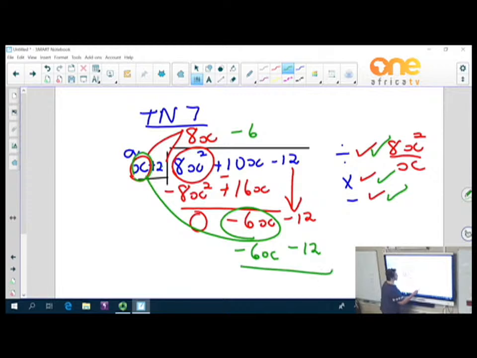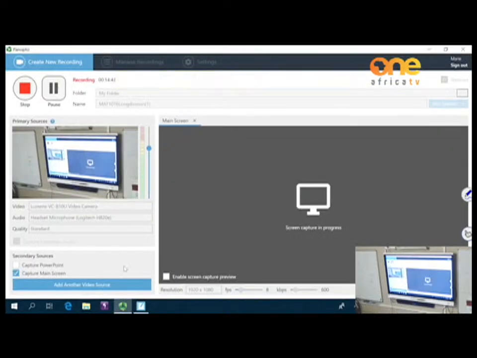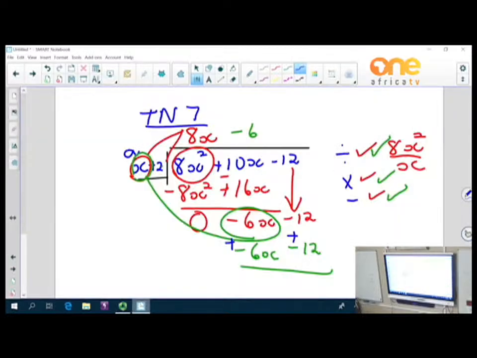So when I subtract, I change the second signs and I add. If we subtract now here, this one eliminates and this one. So 8x minus 6 is the quotient. There is no remainder. x plus 2 is a factor of this trinomial.